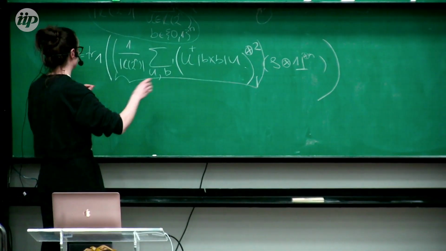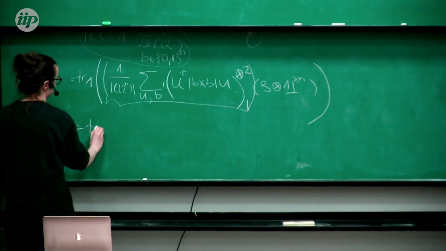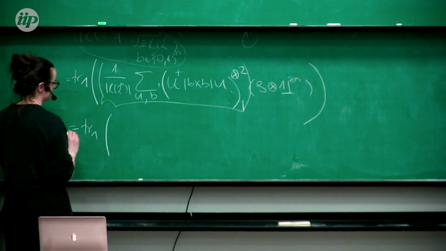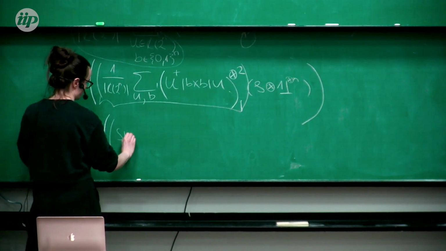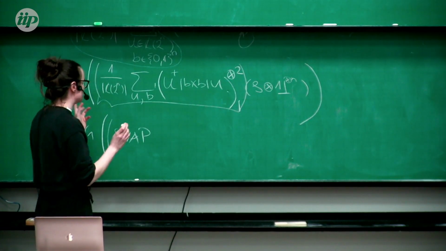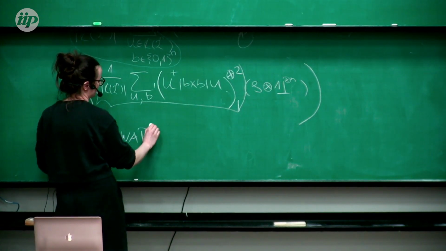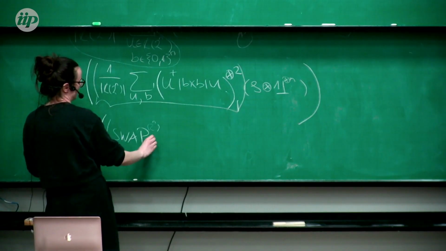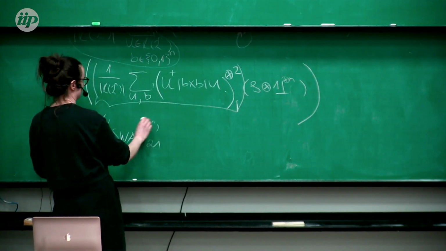So this one is the one on the right. So I can write trace 1 of my swap. And now I need to be a bit careful, like this is on 2 to the power of n, and then I don't know how to write that properly.